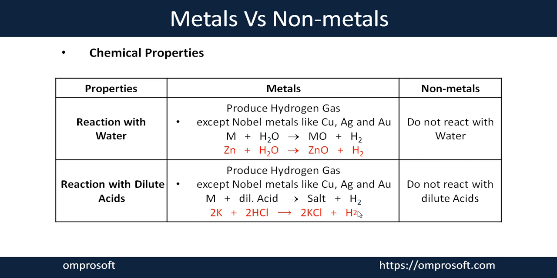This is a common reaction for any metal except noble metals like copper, silver and gold, which do not take part because they are highly stable in nature and less reactive.